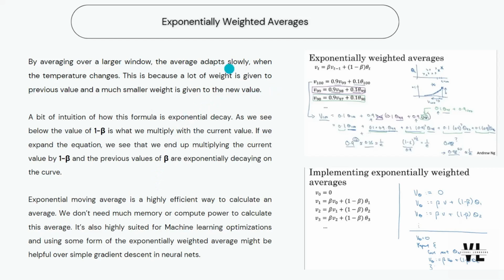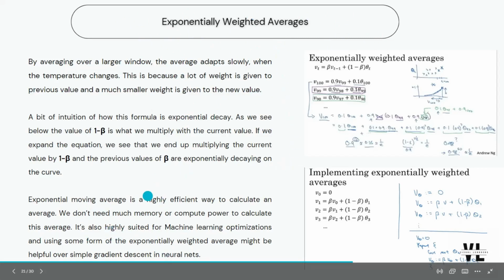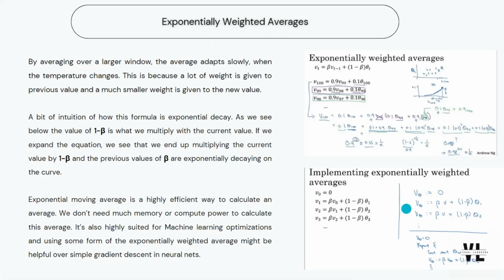So the reason that we are learning about this algorithm is we want to use it in order to improve our simple gradient descent. So we initialize to 0, and then the next value is going to be computed by utilizing the previously computed value.